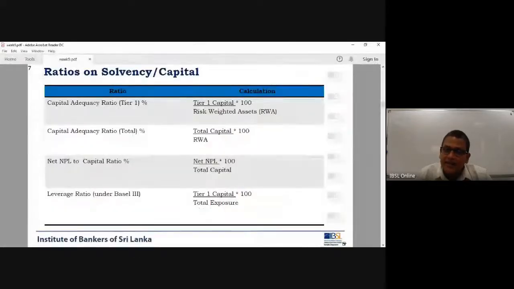The net NPL is calculated as gross NPL minus interest in suspense minus specific provisions.